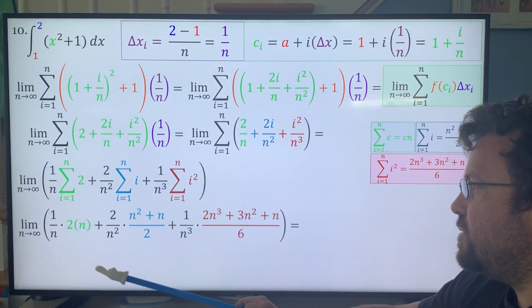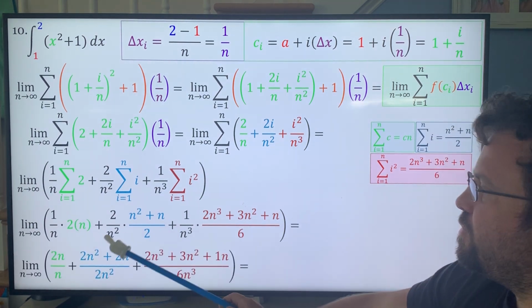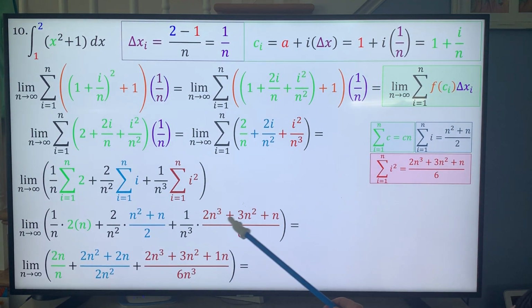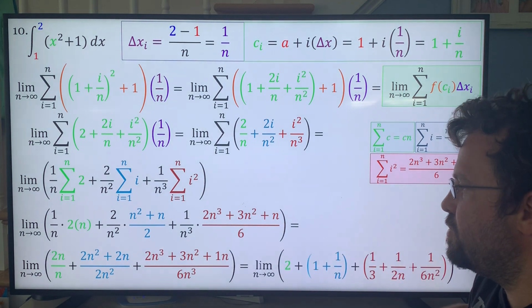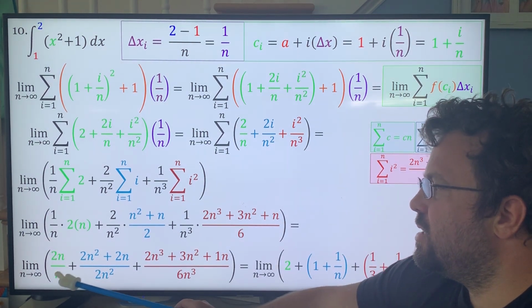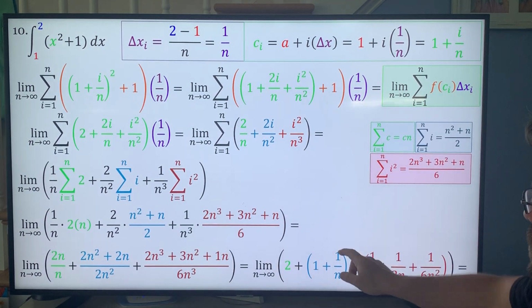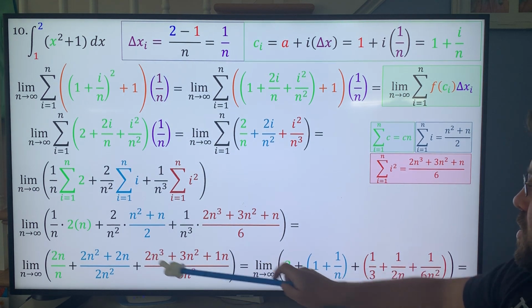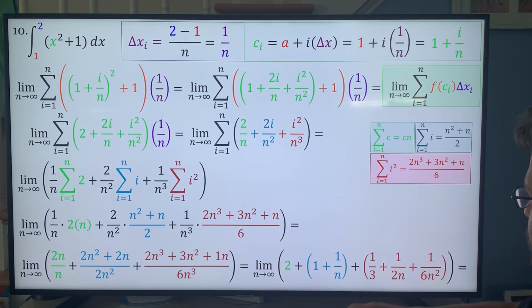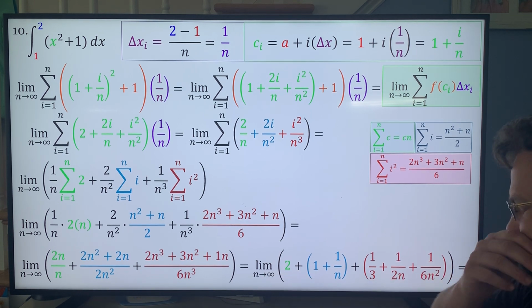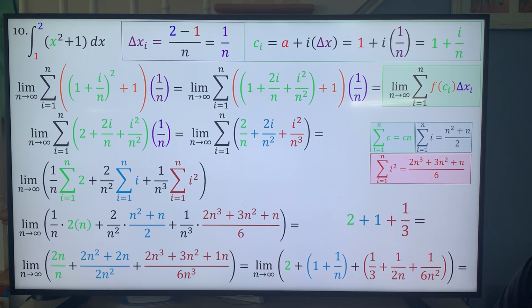But I'm just showing you how stuff goes away. 2n over n, 2, top stays the same. The n's cancel out. 2 plus 2 divided by 2 is 1. 1 divided by 3 is 1/3. Anything with an n in the denominator, because n is approaching infinity, becomes 0. 2 plus 1 plus 1/3, 3 1/3.